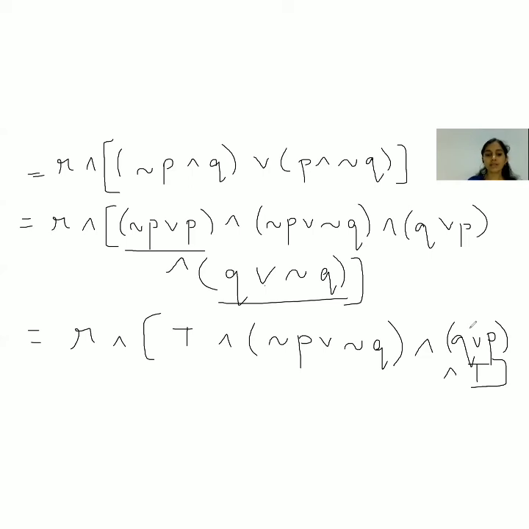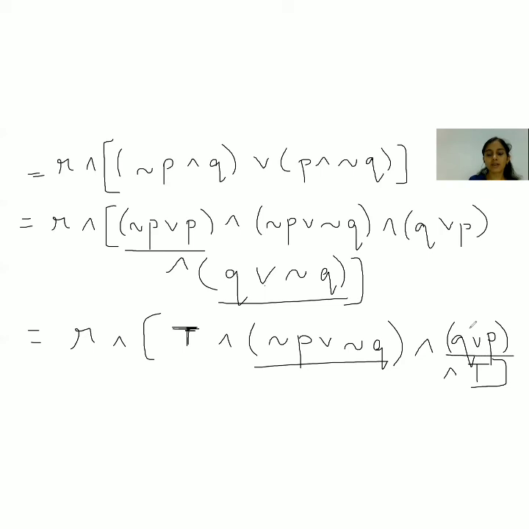So let us use the identity law here. T and any statement is the statement itself. So we are left with R and outside. In the square bracket, we are left with this bracket and this bracket with an and sign. Negation P or negation Q, and Q or P. So we're left with these two brackets.